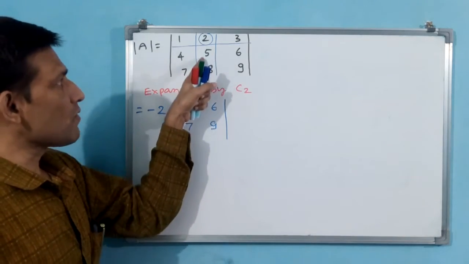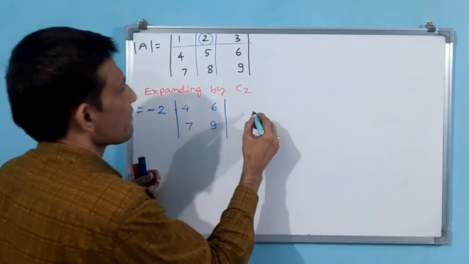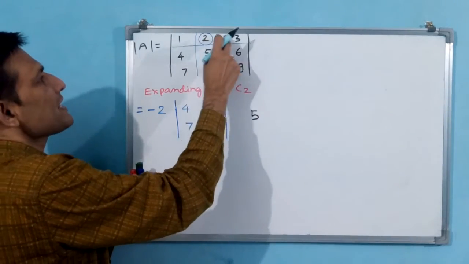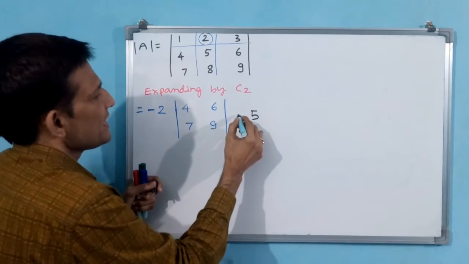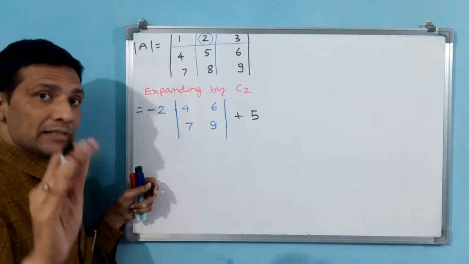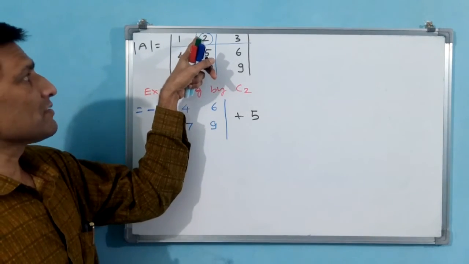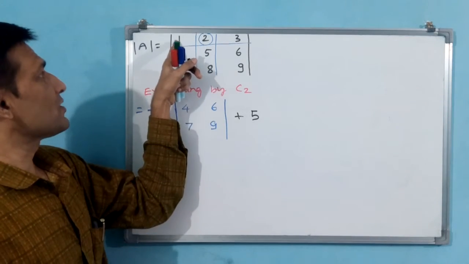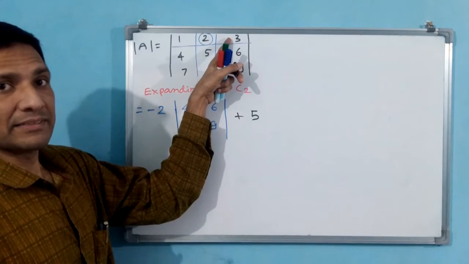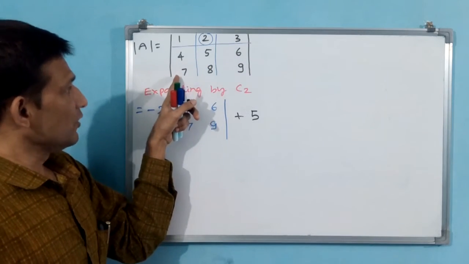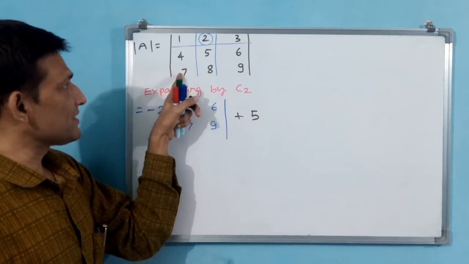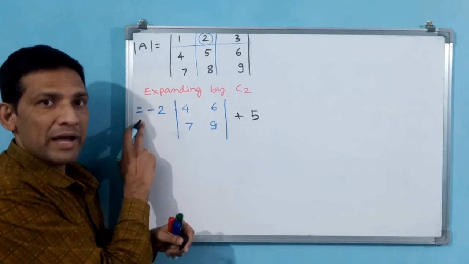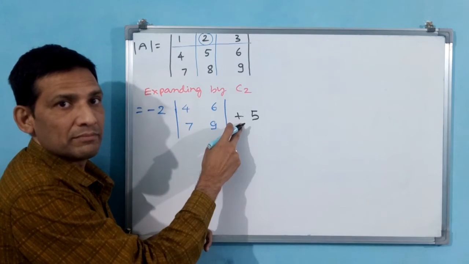Now after 2 what will be the value? 5. First you write 5. Then what will be the symbol? You see plus, minus, plus, minus, plus, so here it is plus. Or else simply, if the first is minus, the next is plus, the next minus. If the first is plus, the next is minus, the next plus. Alternate symbols will come.